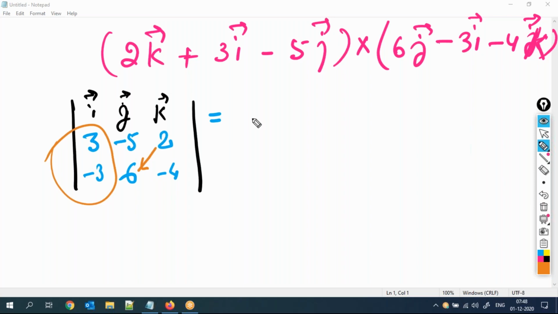Minus 12, because we changed the sign. So how much is it? Plus 8i.